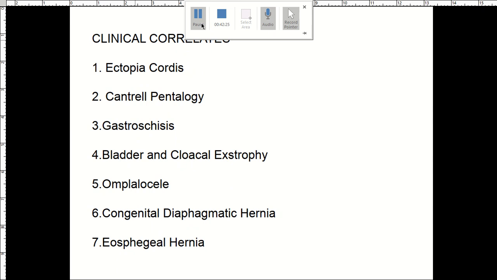Congenital diaphragmatic hernia mainly occurs on the left, about 85 to 90%. So you're going to see abdominal viscera in the chest, pushing the heart anterior and compressing the lungs. So it is associated with hypoplasia of the lungs.